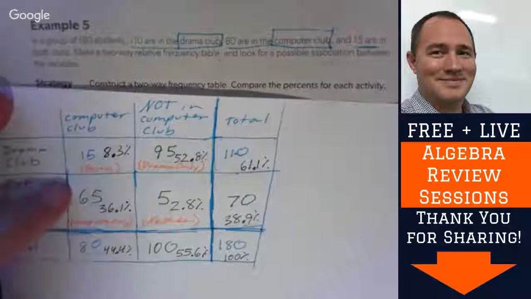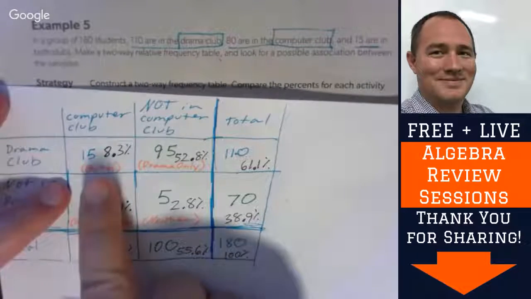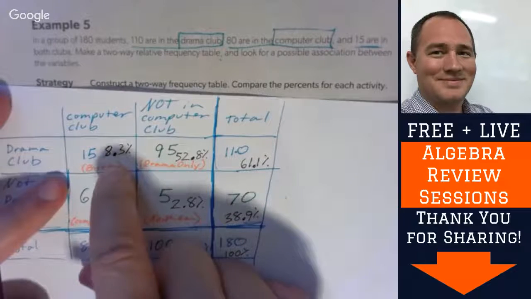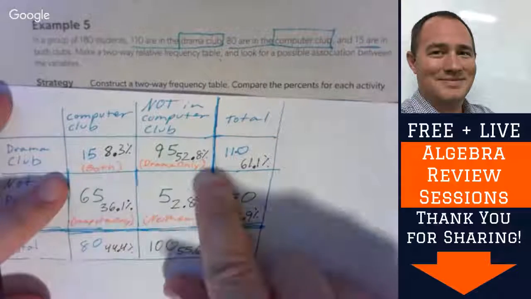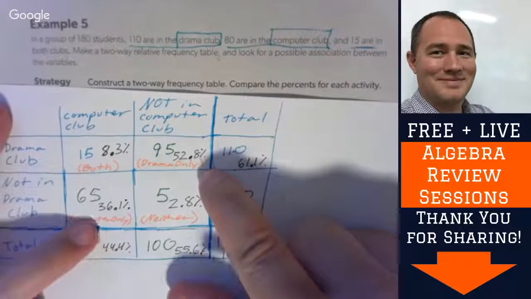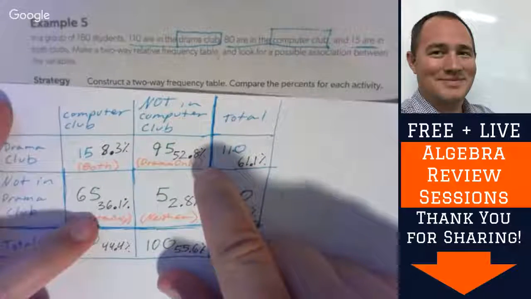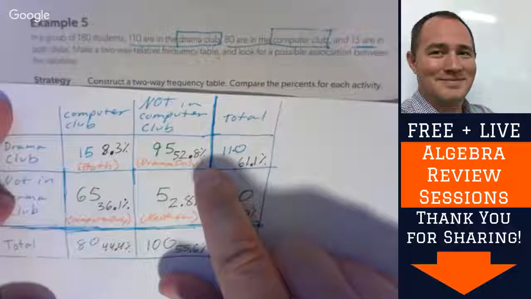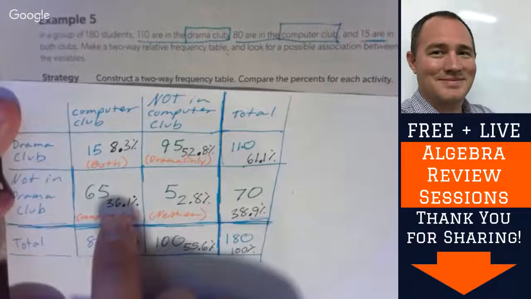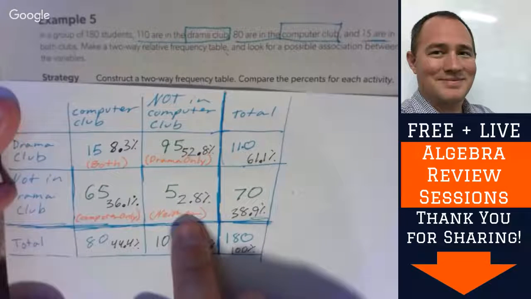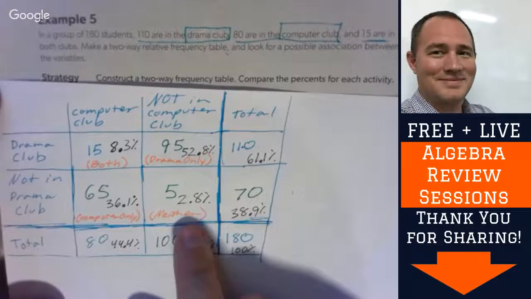So what can we start to glean or figure out from this? 8% are in both. 52% are in drama club only. Over here, 36% are in computer club only. 2.8% are in neither.